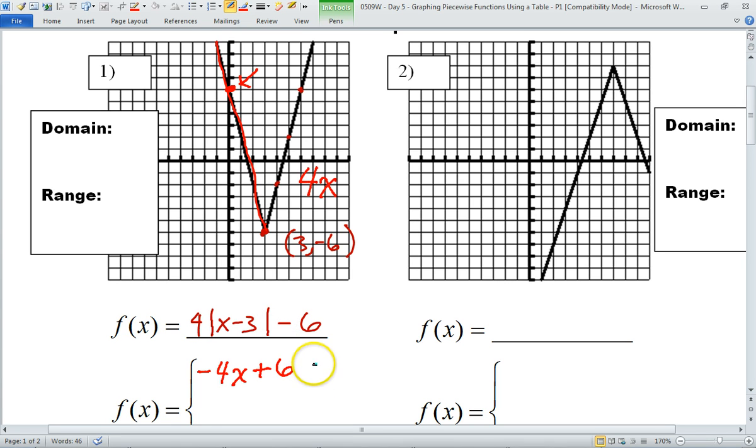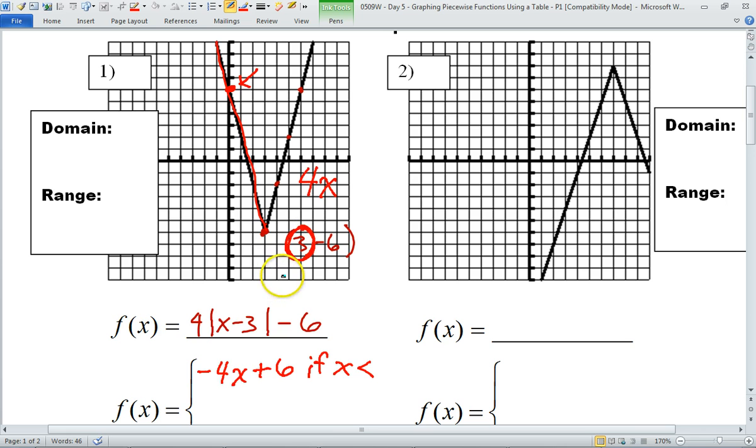But we also need that part that says if x is less than something. I'm saying less than because this is the left part of the graph, the left side. But what is the x value where the graph changes from one branch to the other? 3. Look at the x value of the vertex to help you out.